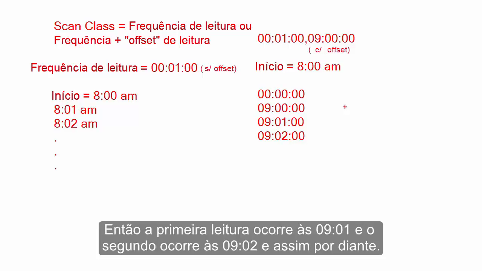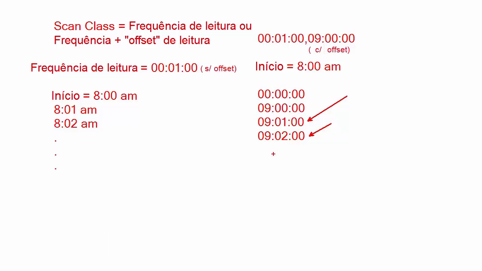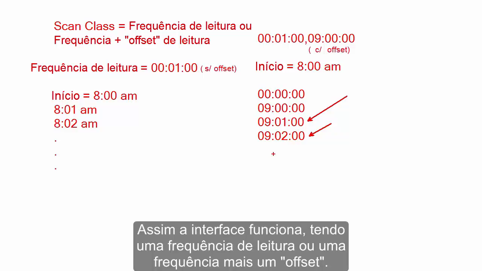Based upon this, the first scan is going to happen at 9:01, and the second scan at 9:02, and going forward. So that is how the interface would work if you just have a scan frequency compared to a scan frequency plus an offset.